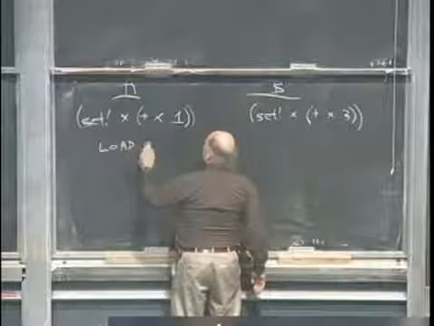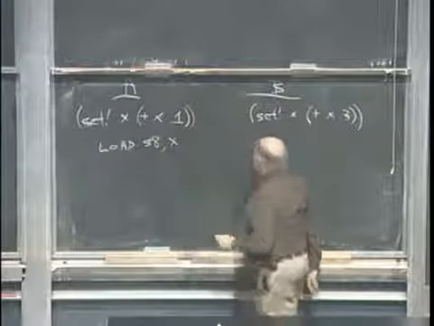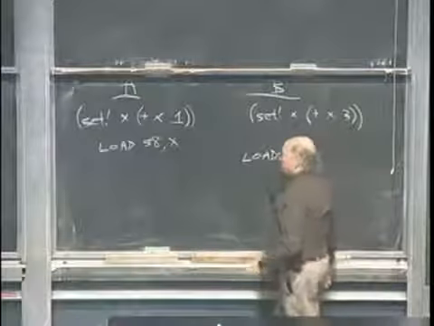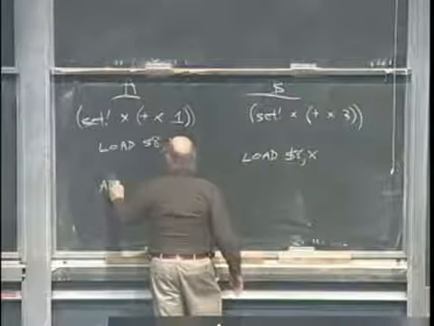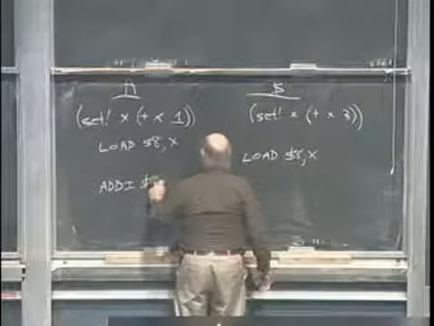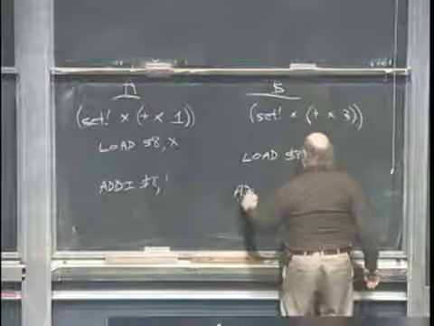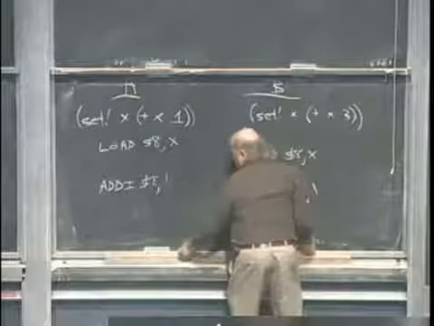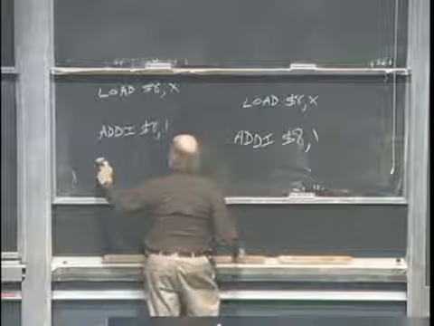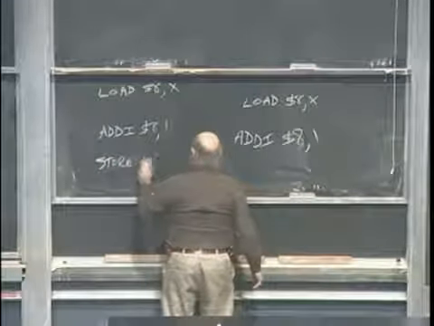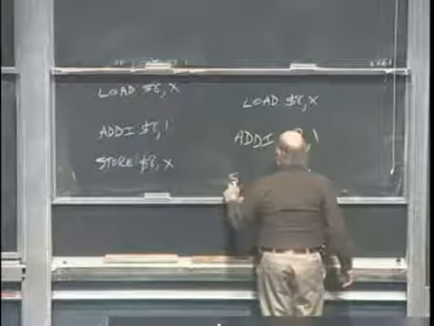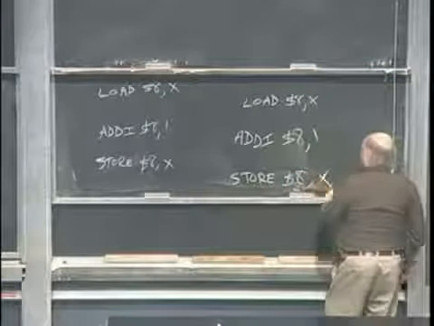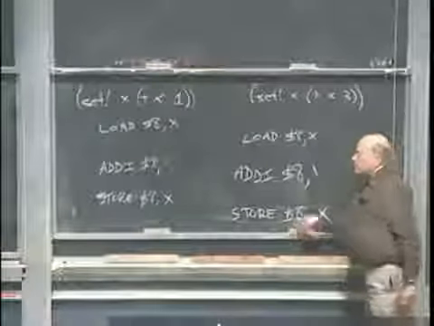This machine says load register 8, x, and then this machine comes along and says load register 8, x, and then this machine says add immediate register 8, 1, add immediate register 8, 1, and finally store register 8, x, store register 8, x. Okay? So here's time moving down the board.